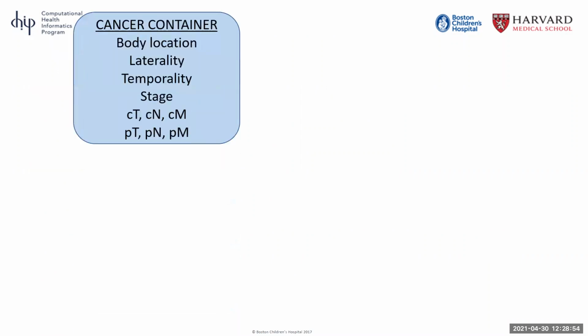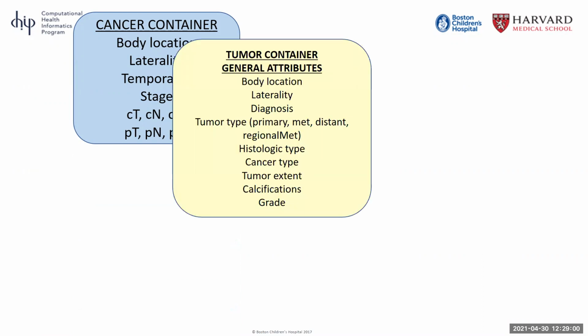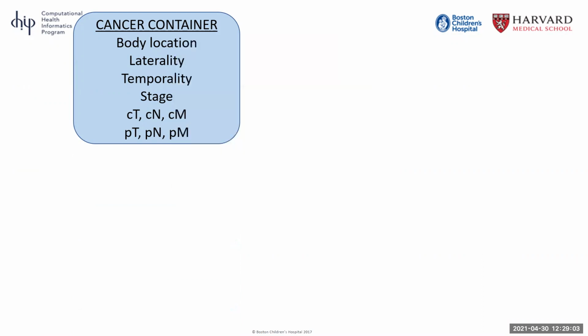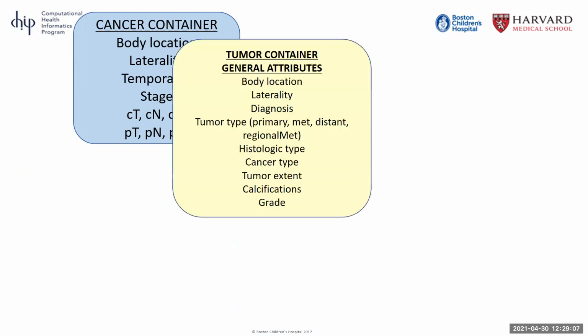So in the DeepPhe project, we reduced the task to extracting these characteristics for the cancer, and then each cancer is associated with tumors because a cancer can have multiple tumors, and one of them would be a primary tumor, and there could be metastatic tumors as well.